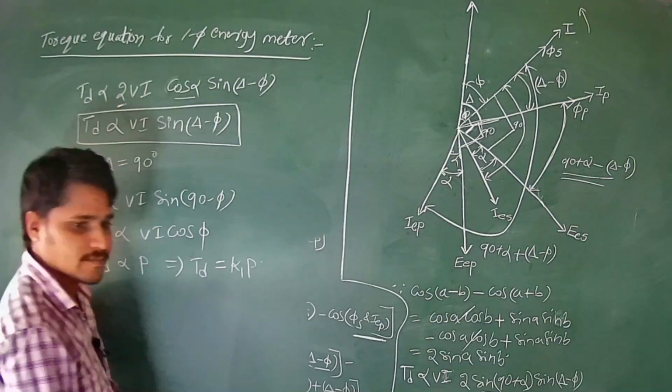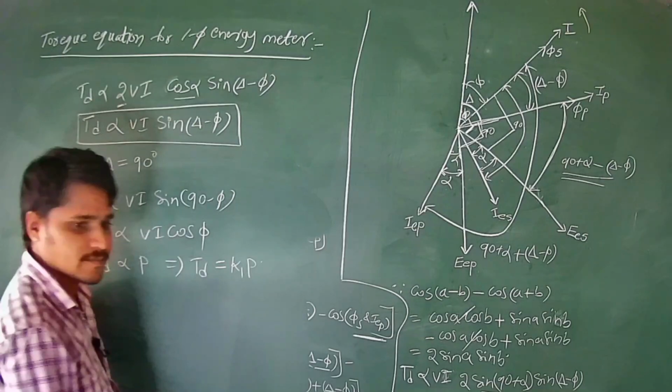But at equilibrium condition or steady state, the braking torque is equal to the driving torque. In the energy meter, the braking torque is generated by the permanent magnet.